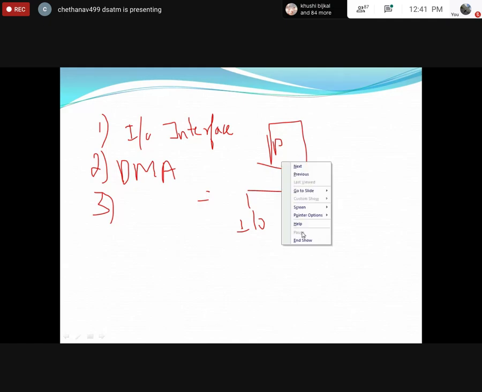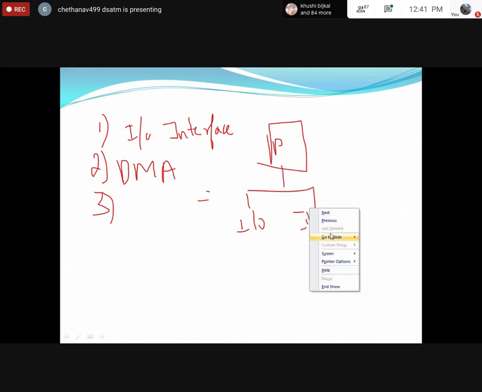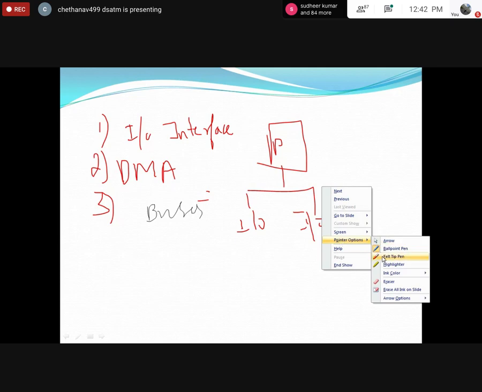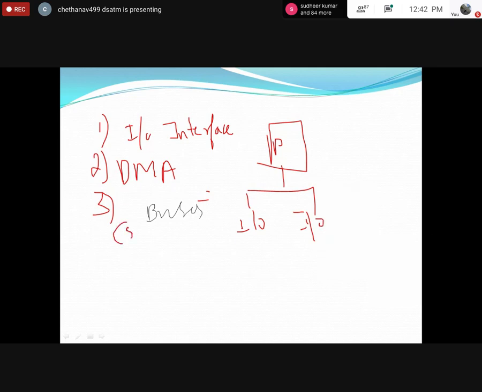Buses is very important. Buses consist of two types: synchronous and asynchronous bus. This you have to explain.